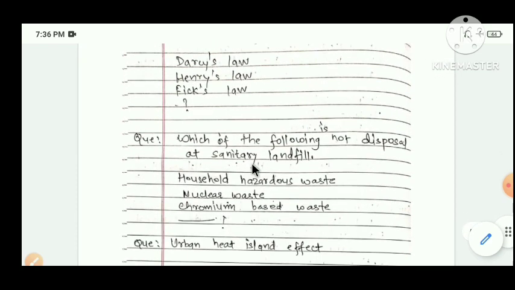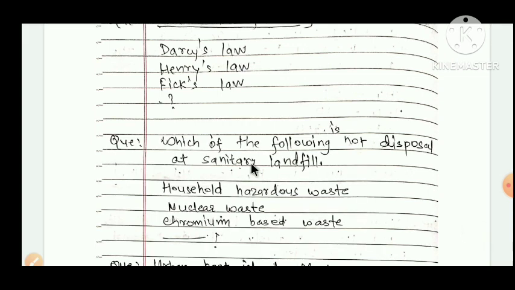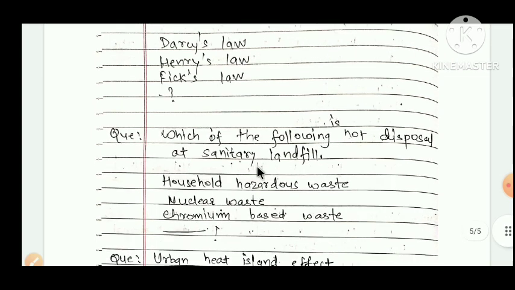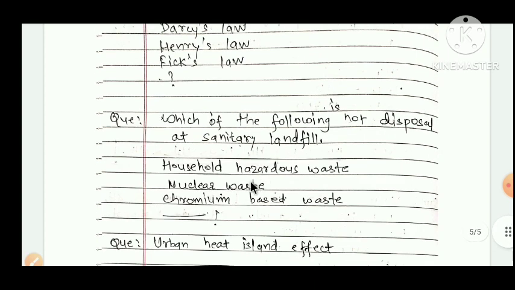Apart from this, there was a question like which of the following is not disposed at a sanitary landfill? Which of the waste is not considered for disposal at a sanitary landfill? The options were household hazardous waste, nuclear waste, chromium based waste, and one more option.